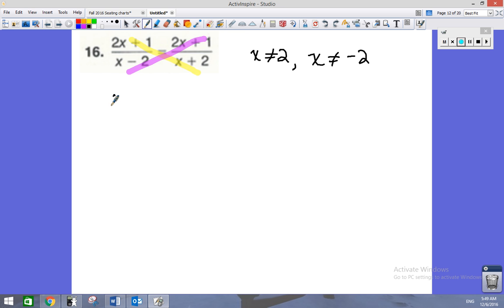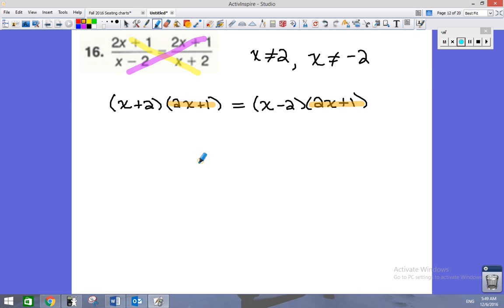Along the yellow diagonal, I have x plus 2 times 2x plus 1. Along the purple diagonal, I have x minus 2 times 2x plus 1. This time, before I multiply in the form of a table, I notice that I have the same factor on each side of the equation. It'll save time and effort if we divide both sides of this equation by 2x plus 1.